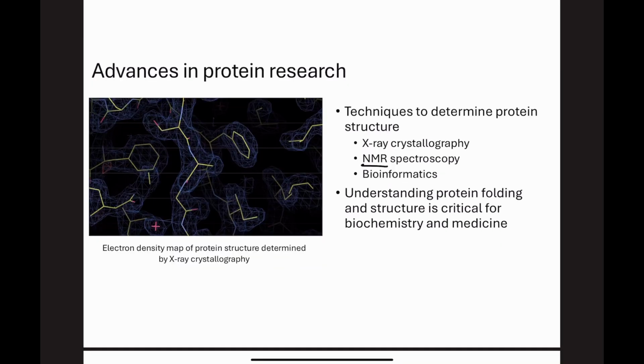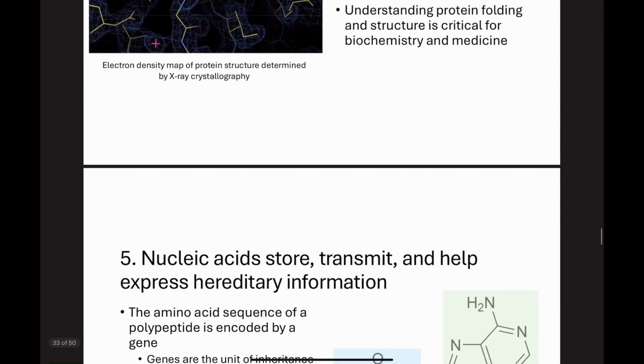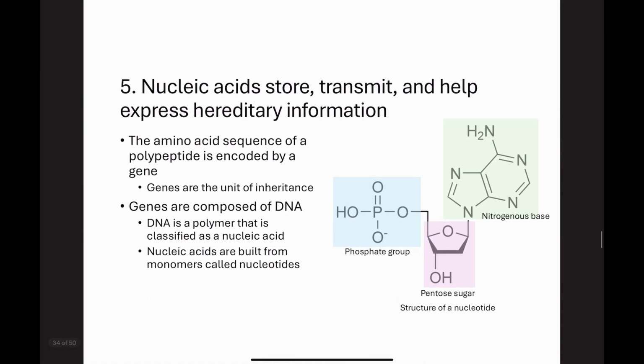So the last section of macromolecules that we're going to talk about is nucleic acids. Nucleic acids are so important because they store, transmit, and help to express our hereditary information. So genes, we've previously described them as the unit of inheritance, and genes are going to program our amino acid sequences of polypeptides.